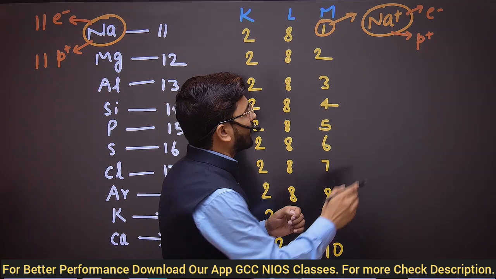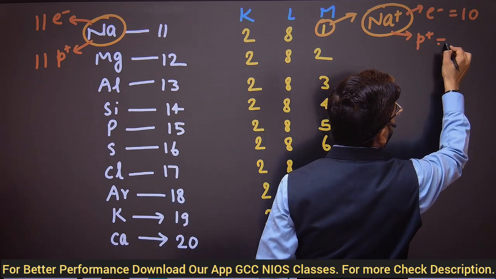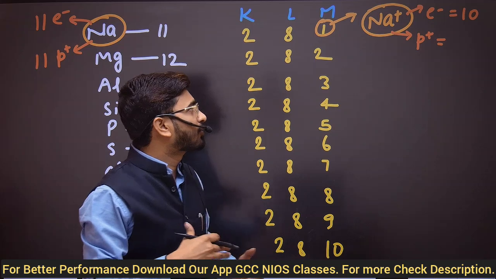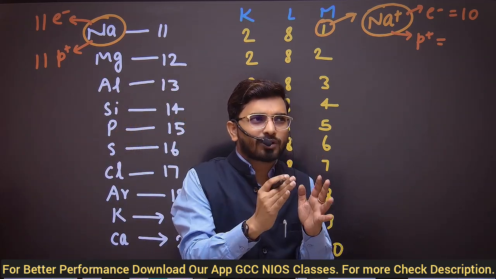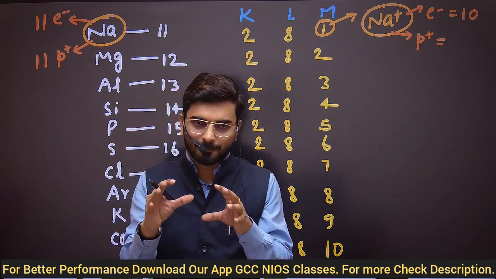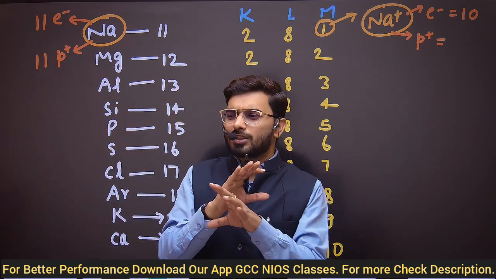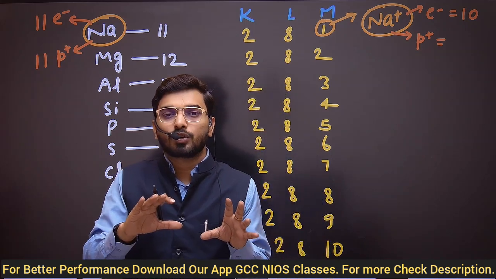So the number of electrons will be 10. But the number of protons in Na plus: protons and neutrons lie in the nucleus of the atom, and there is no transfer, no entering, no going.